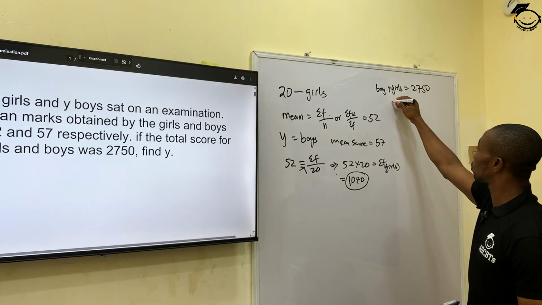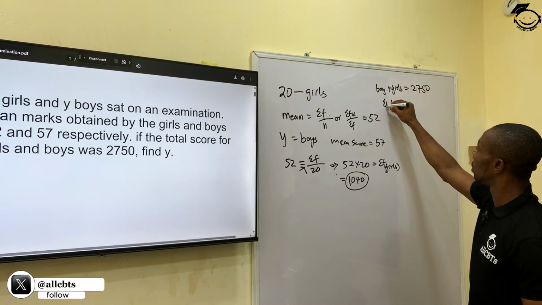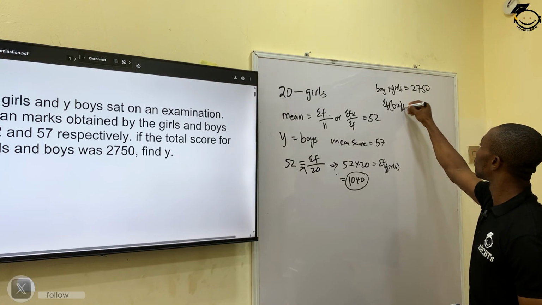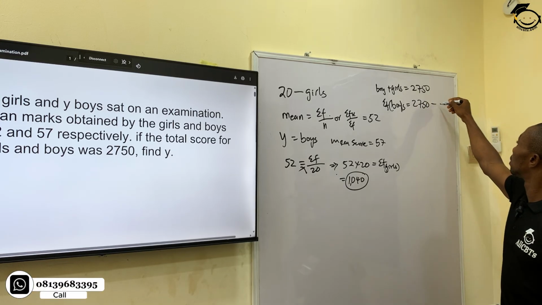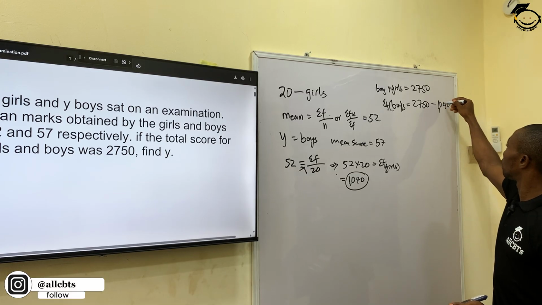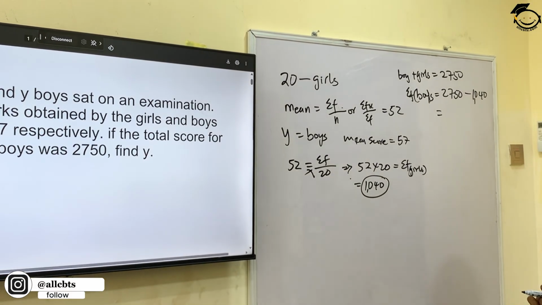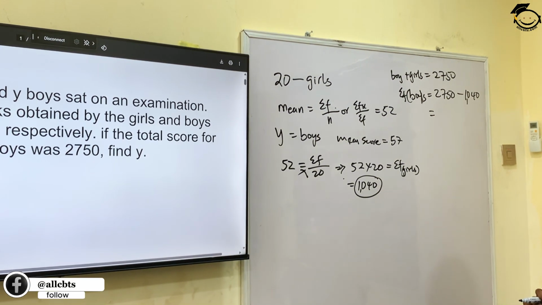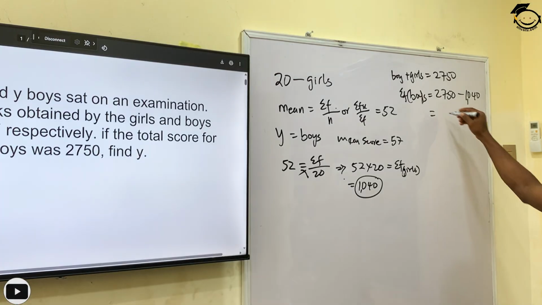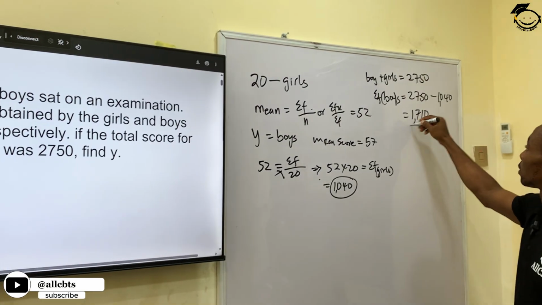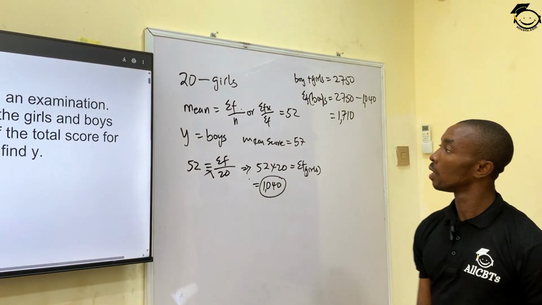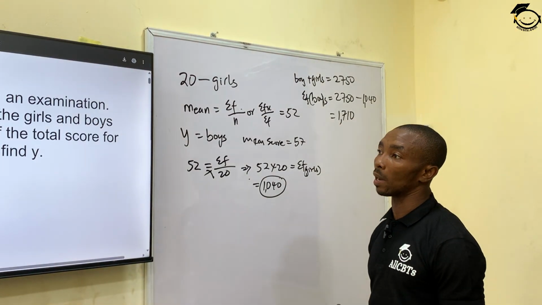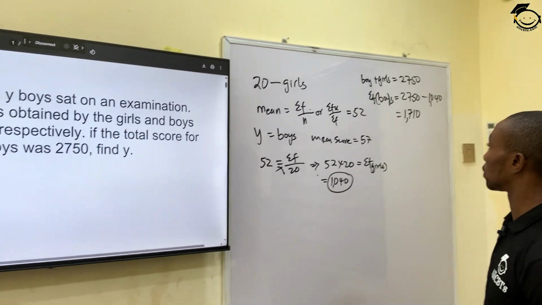Σf of boys will become 2,750 minus 1,040, which will give us 1,710.